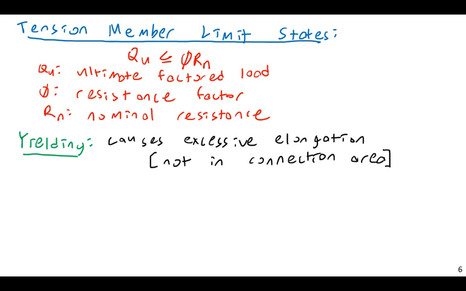It's just undergoing excessive deformation, and in most cases that's not desirable for structures. Think about the building you're in right now. We're on the second floor of a reinforced concrete building, and look around you. What do you see? You see drywall, you see hanging ceiling.